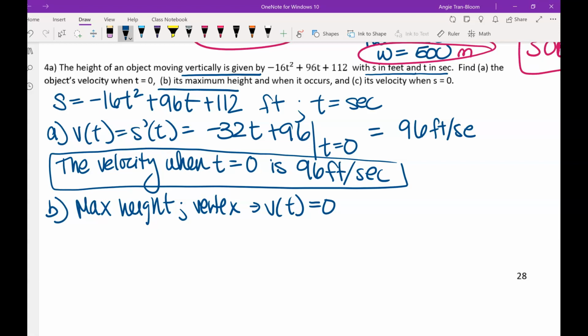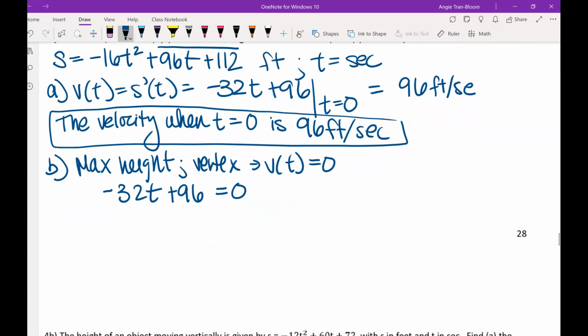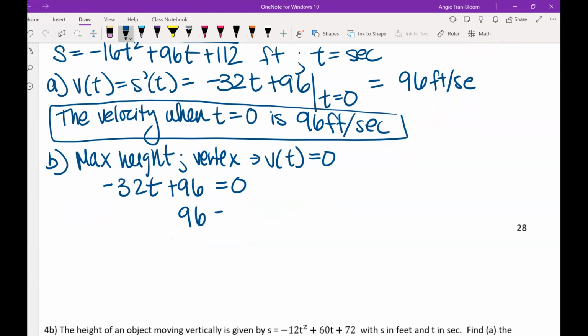We already have the velocity, which is negative 32t plus 96. We are going to set equal to 0. Move 32t to the right, so that's going to be positive. Divide both sides by 32. t is going to be 96 over 32, which is going to be 3.